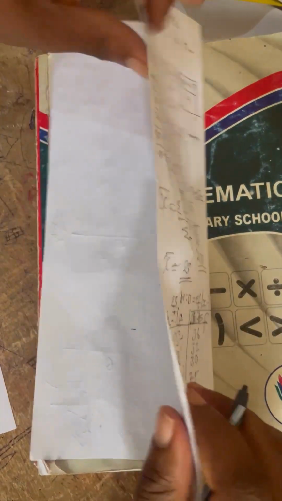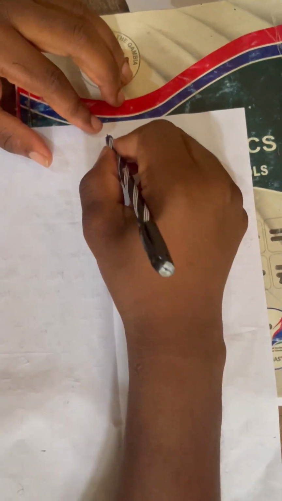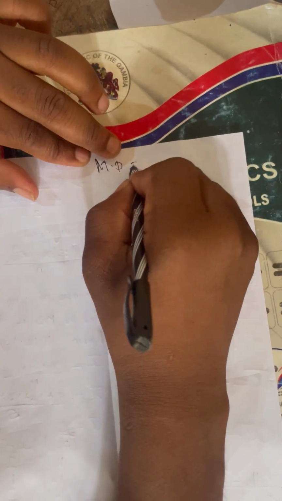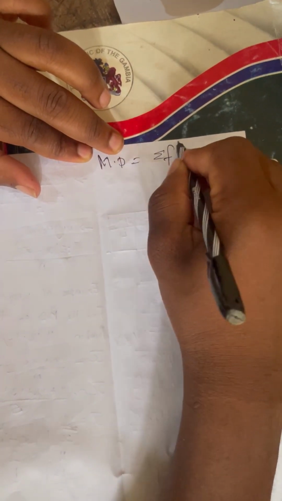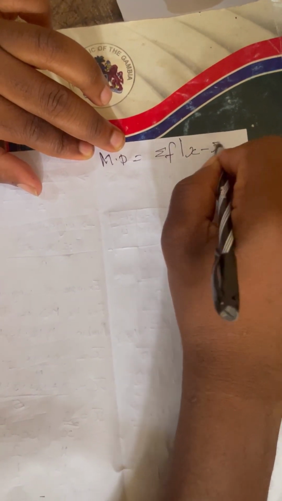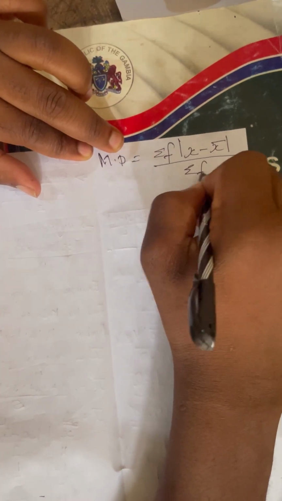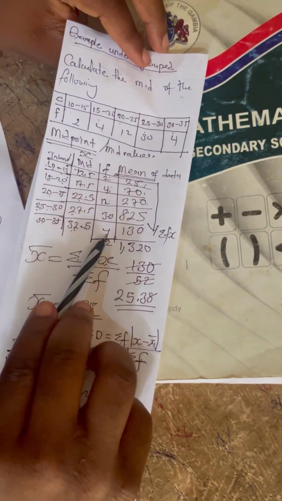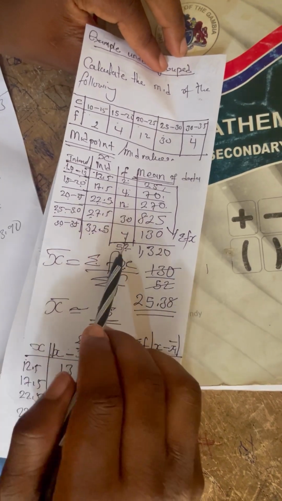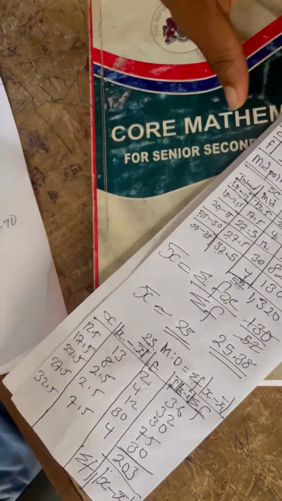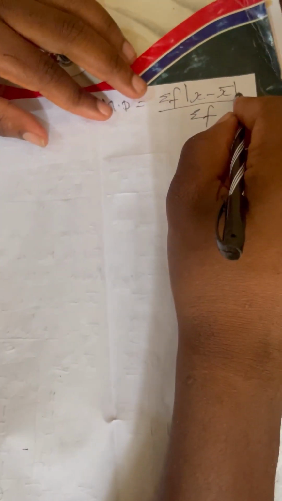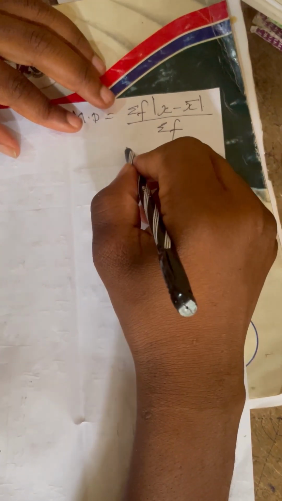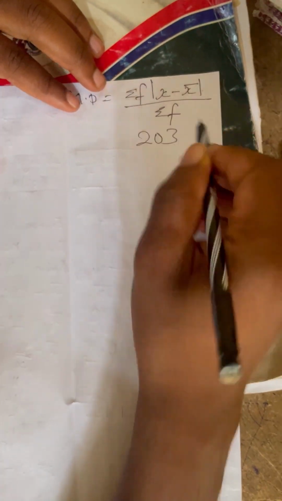So we'll go ahead, because we said the mean deviation is equal to sigma f absolute value of x minus x bar all over sigma f. We know our sigma f. Sigma f is 52. The value is 203, from this last value.